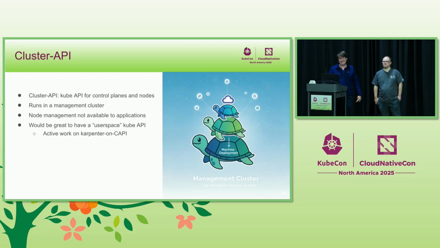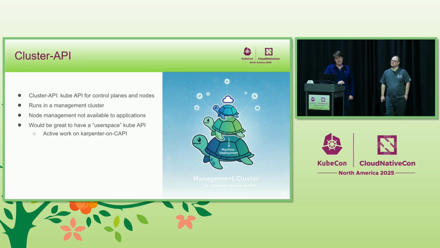Another one that gets a lot of things right is Cluster API. Cluster API is a set of CRDs, real Kubernetes APIs, for creating control planes and nodes. It is more integrated, more of the monolithic approach, more like kOps. Karpenter has a better divide there between the two responsibilities.